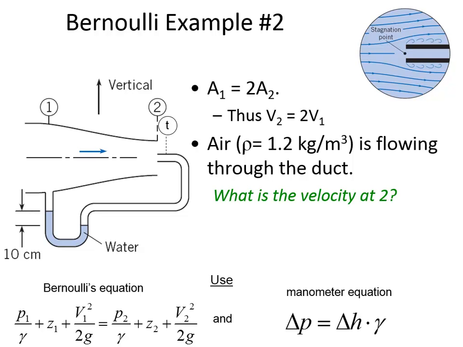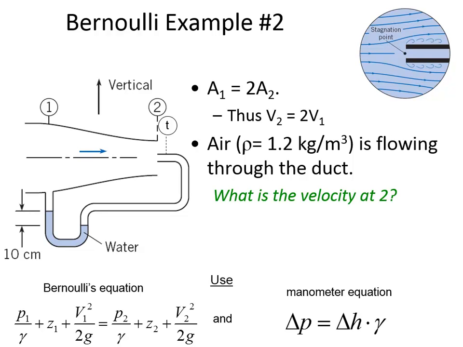So the manometer equation says we're going to go through this gas and the pressure is not changing. So the pressure here and the pressure at 1 are the same. We're assuming static between 1 and the interface of the liquid. Then we're going to go down through the manometer liquid, 0.1 times the unit weight of the water, and that's going to equal the pressure of the tube. So there's a relationship between the pressure in the tube and the pressure at 1.